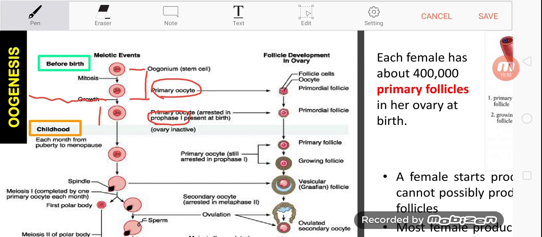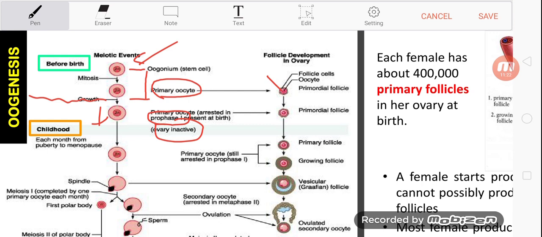growing up. Okay, entering the childhood, the ovary is inactive. At the same time, you can see inside the follicle here, we can see the egg, the oogonium, the primary oocyte inside the follicles.